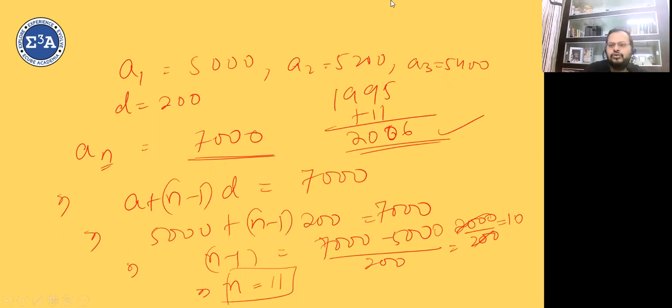Okay, right. So we'll just move to the final one. Okay, the last question of chapter 5.2. Ramkali saves rupees 5 in the first week of a year, meaning in week 1 Ramkali saves rupees 5, and then increased her weekly savings by rupees 1.75.